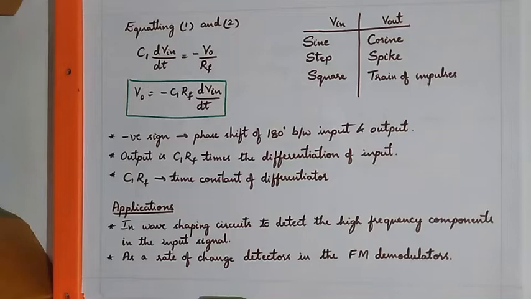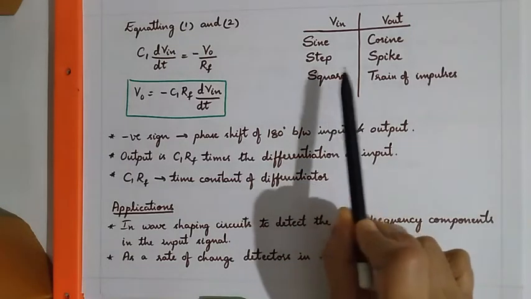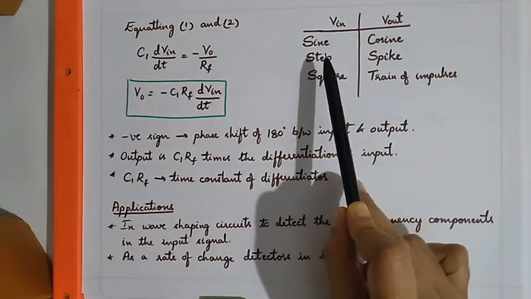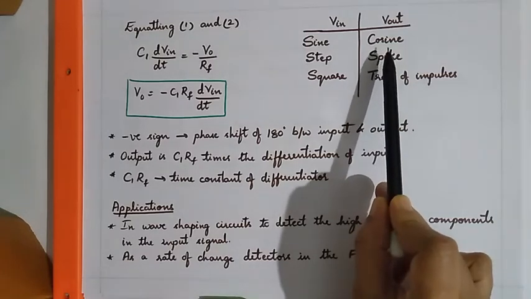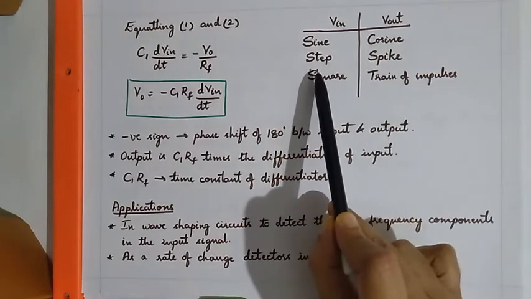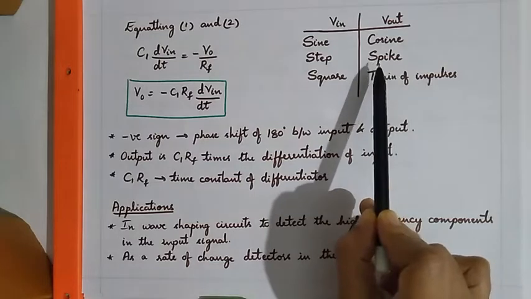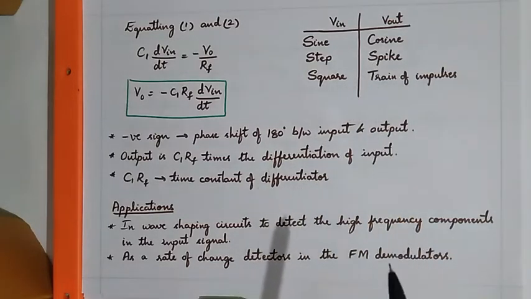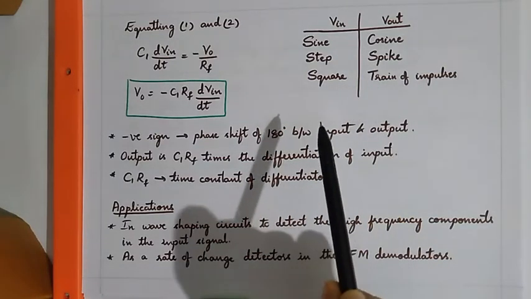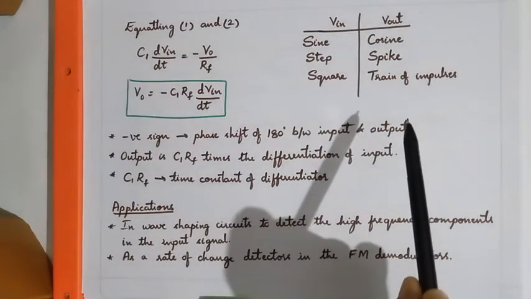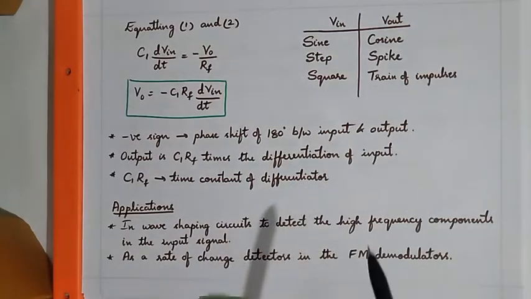If the input signal is a sine wave, then differentiation of sine results in a cosine signal. If the input is a step signal, then the output is a spike, and if the input is a square wave, then it results in a train of impulses.